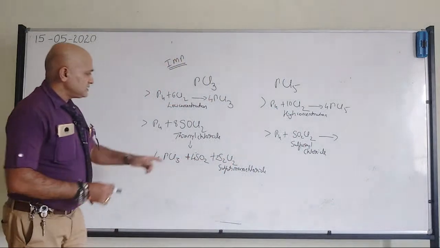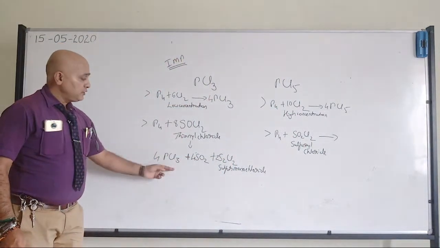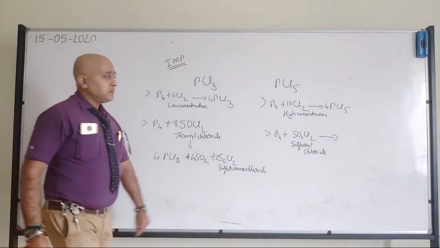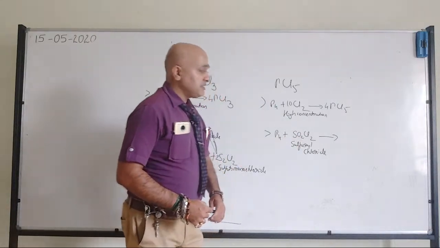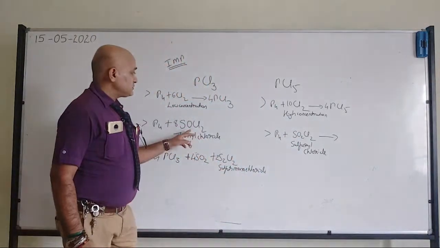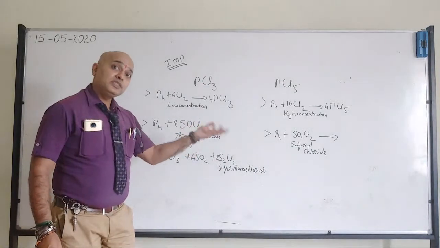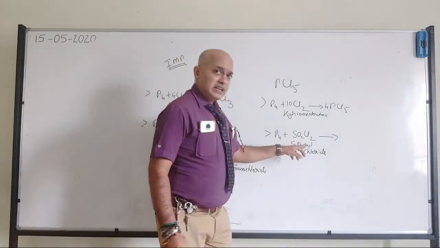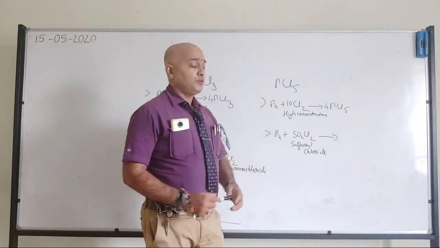When white phosphorus is treated with thionyl chloride, you are going to get PCl3. When white phosphorus is treated with sulfuryl chloride, SO2Cl2. So SOCl2 is nothing but thionyl chloride. SO2Cl2 is nothing but sulfuryl chloride.